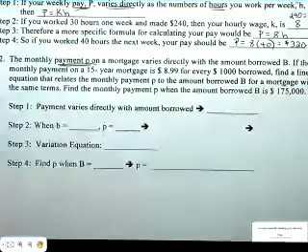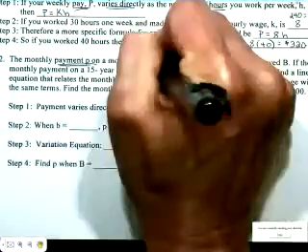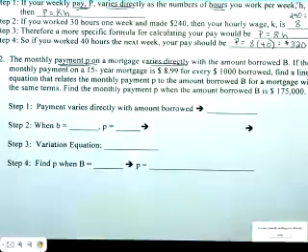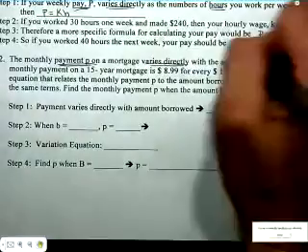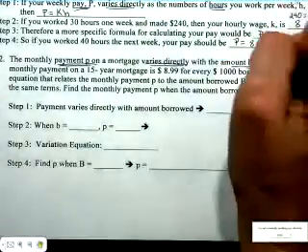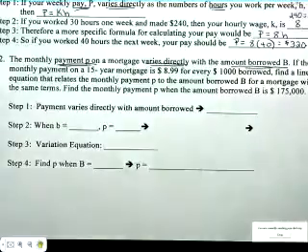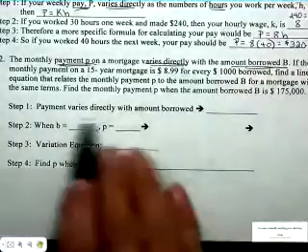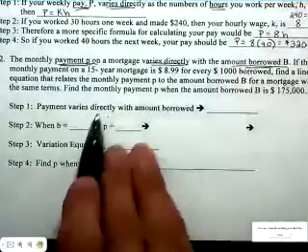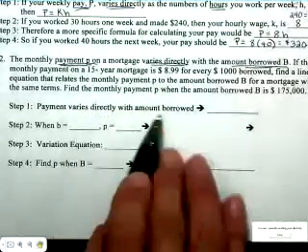And then we need to know whether we're talking about direct variation or inverse variation. And then what does payment depend on? Well, payment depends on amount borrowed, and we're letting B stand for the amount borrowed. So what is my equation if payment varies directly with amount borrowed?